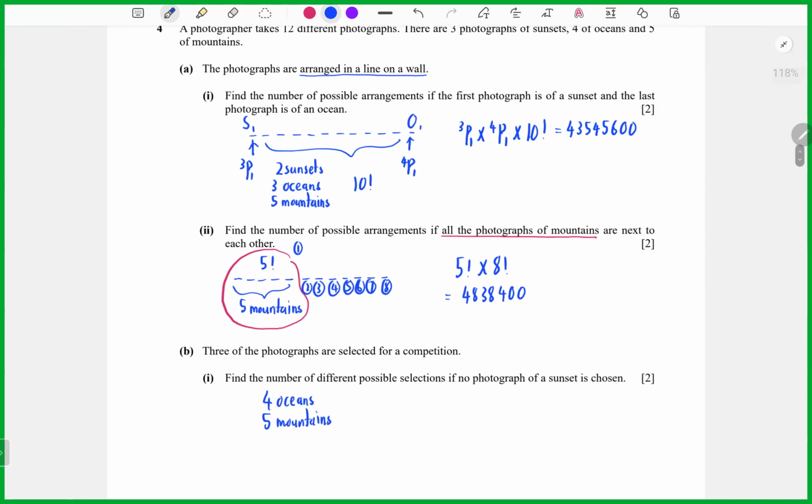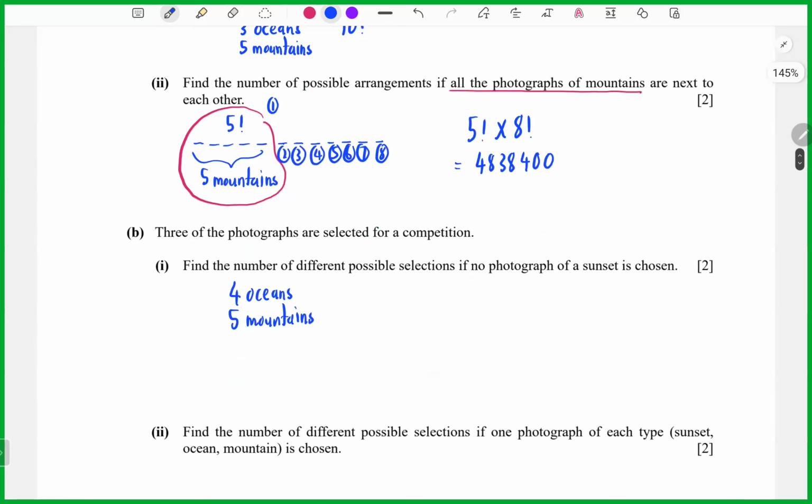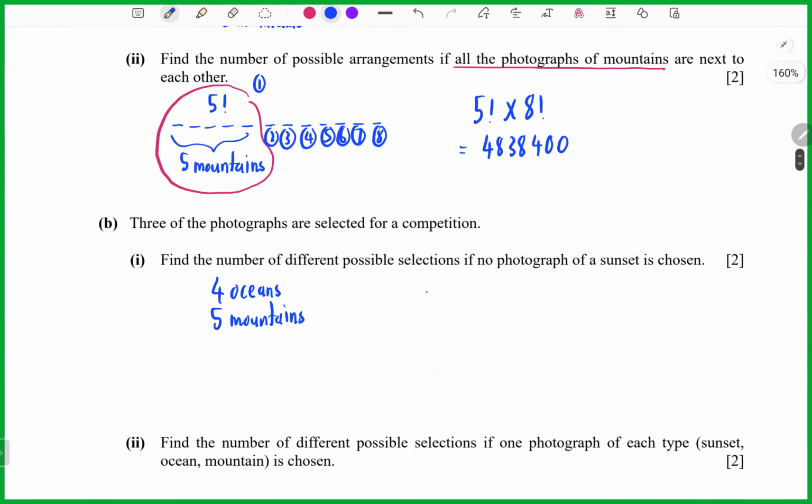We just choose 3 of the photographs, so 9C3, which equals 84. Let's see part 2.